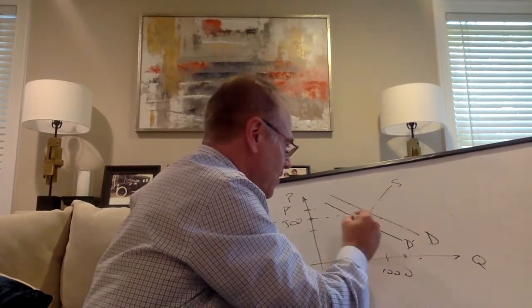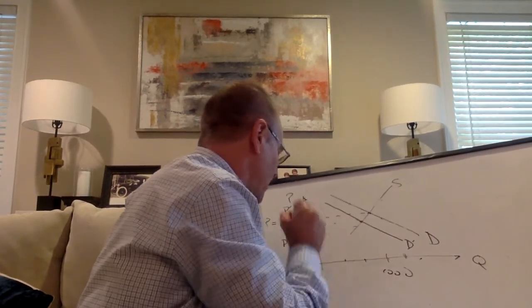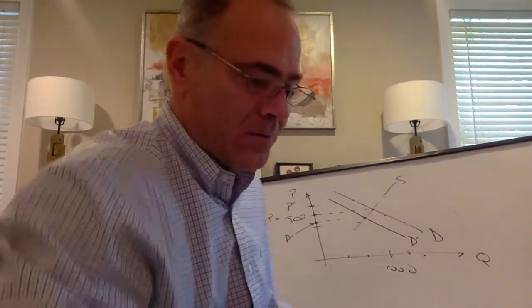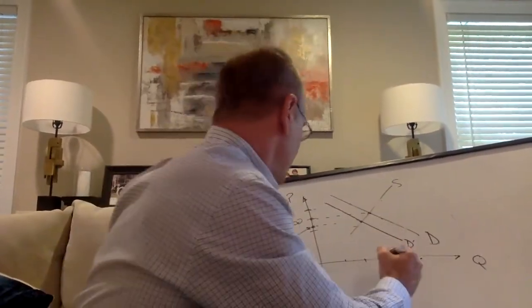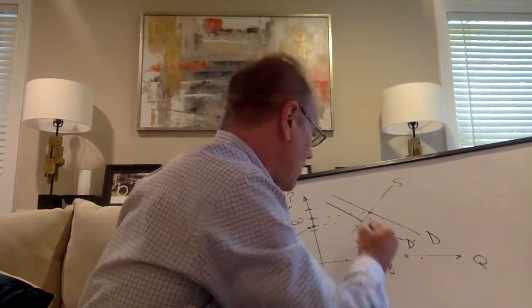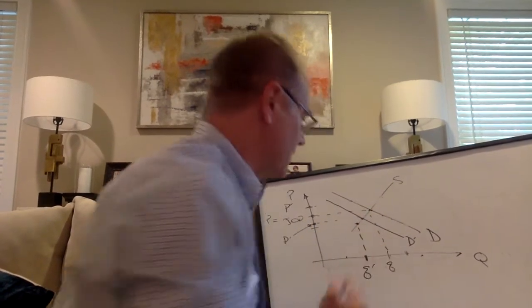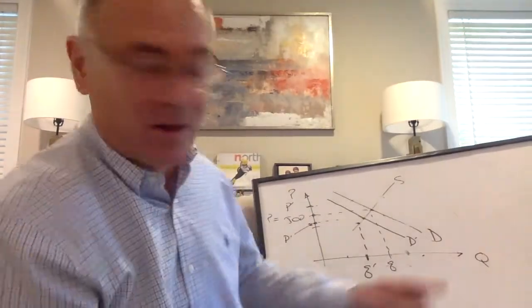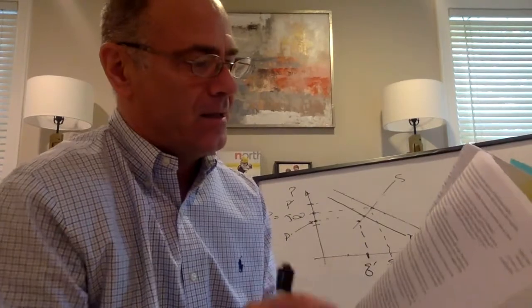For the new demand curve, that is the market clearing price. And before, let's call it small q, that was the market clearing quantity. Now, this point is the market clearing quantity. Market clearing quantity goes down, market clearing price goes down.